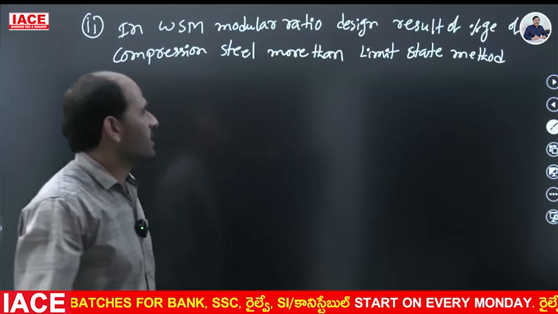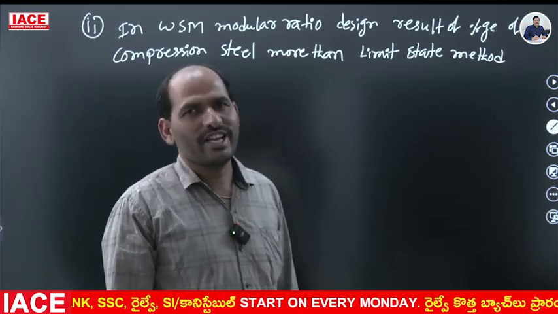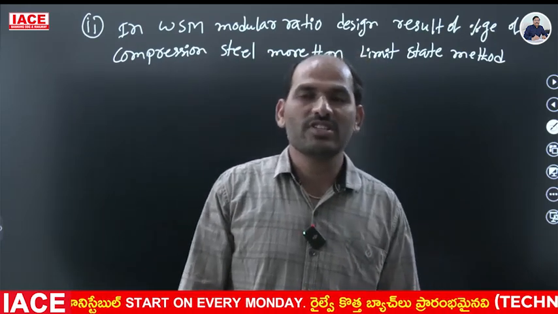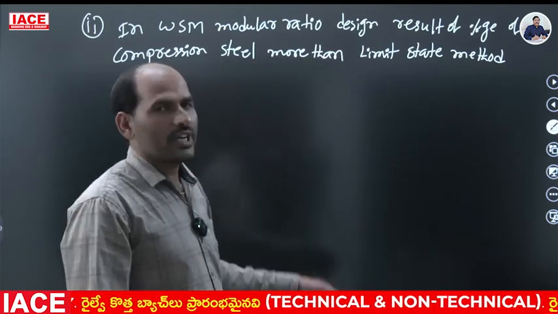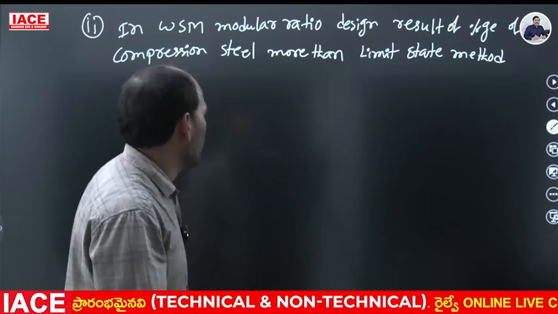Here in the working stress method, modular ratio design, the result of percentage of compression steel is more than the limit state method.